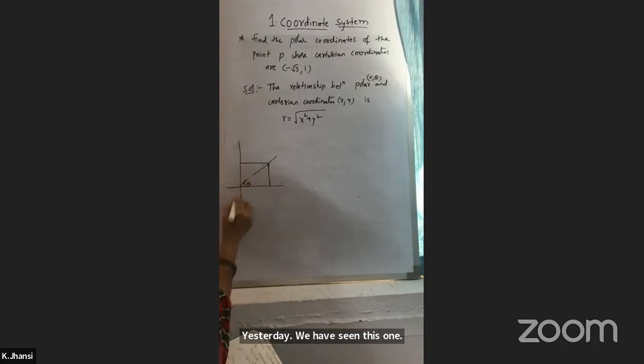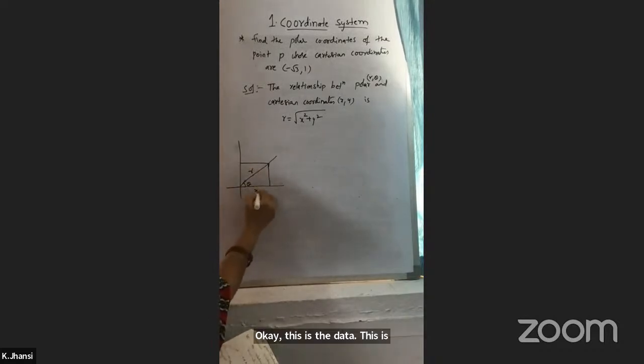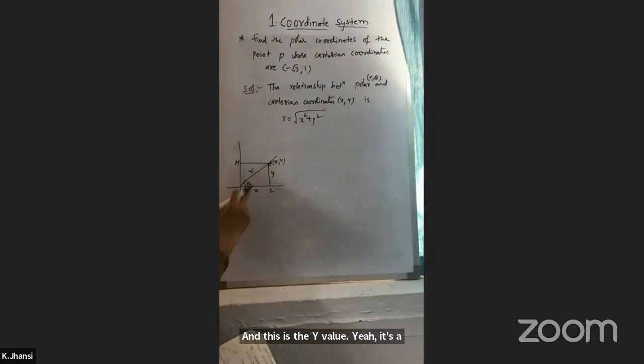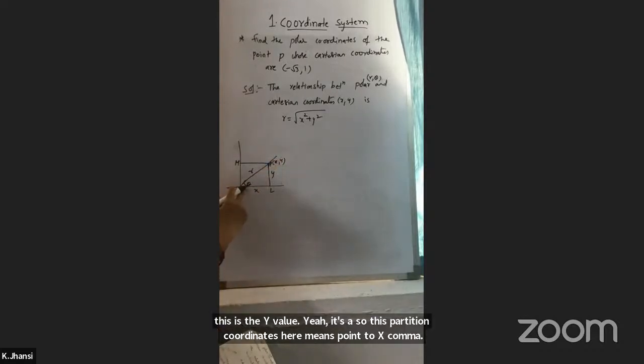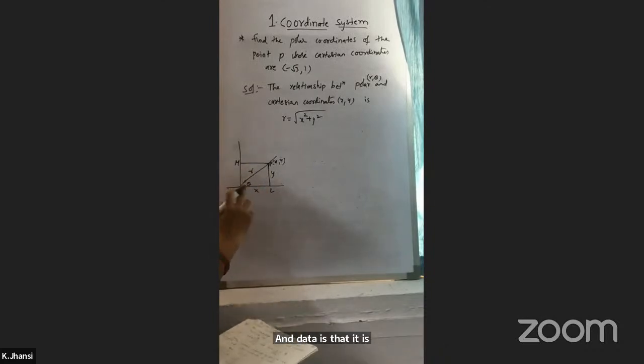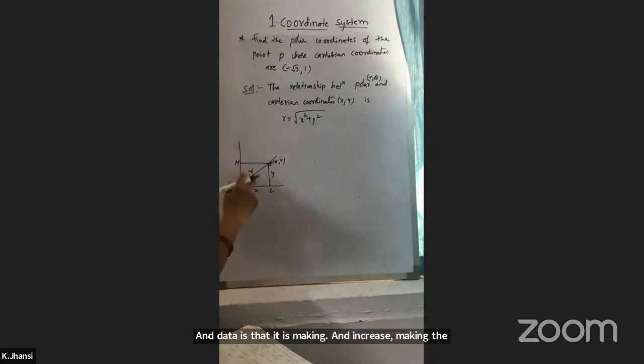This is theta, this is r, this is the x value and this is the y value. Cartesian coordinates mean the point x comma y, and polar coordinates are r and theta. R is the distance from origin to P, and theta is the angle it is making, and it is making a 90 degrees angle. So with the help of the Pythagoras theorem, we'll find the values here.